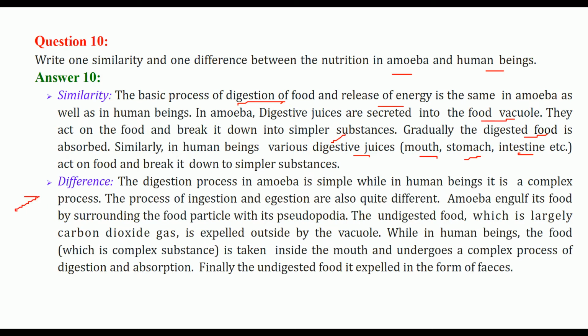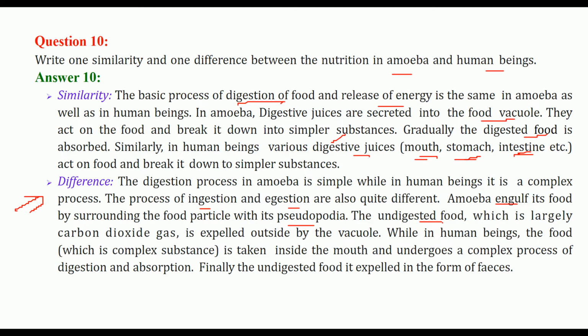But there are certain differences also. The digestion process in amoeba is very simple, but in human beings various organs are involved, so it is quite a complex process. The process of ingestion and egestion is also very different. Amoeba engulfs its food by surrounding the food particle with pseudopodia.